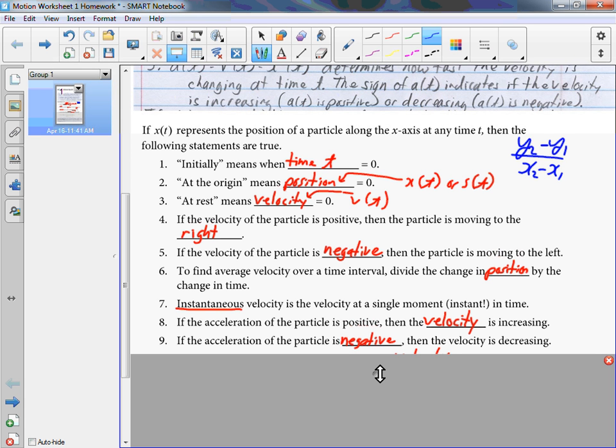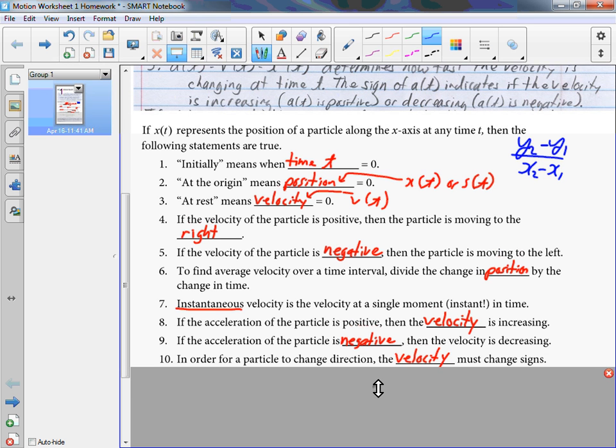Particle's going to the right, switches, and goes to the left. What had to have happened? The velocity had to equal 0 for a moment, correct? So the velocity went from being positive when the particle was moving to the right to negative when the particle was moving to the left.